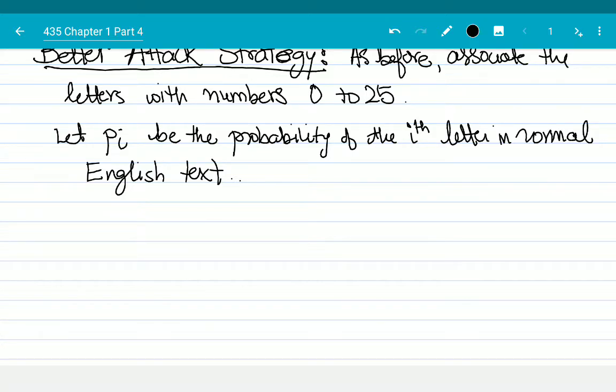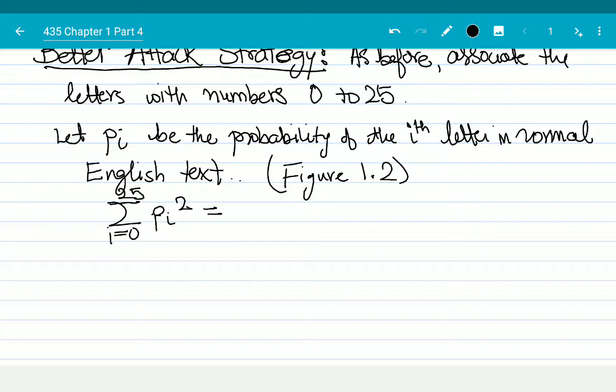They're in the book, figure 1.2. And then what we know is that the summation for i equal to 0 to 25 of p_i squared is not exactly equal to, but very close to around 0.065.